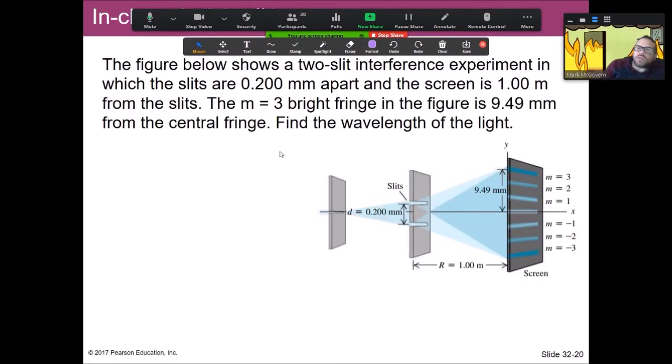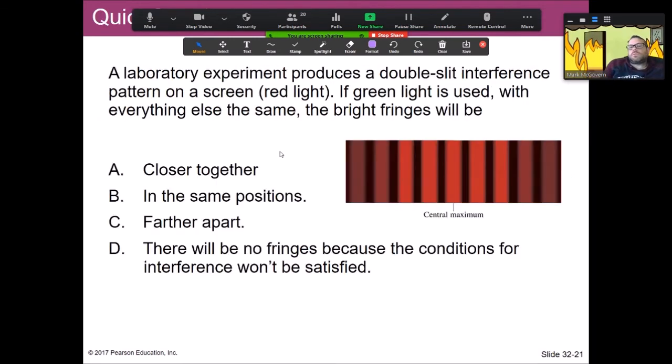I'm going to keep pushing on here. Question for you here. I'm going to step away for 30 seconds. All right, so what we're doing here is we have our double slit experiment, and we're going to change the wavelength of light. If you were not aware of this, green light is a shorter wavelength than red light.